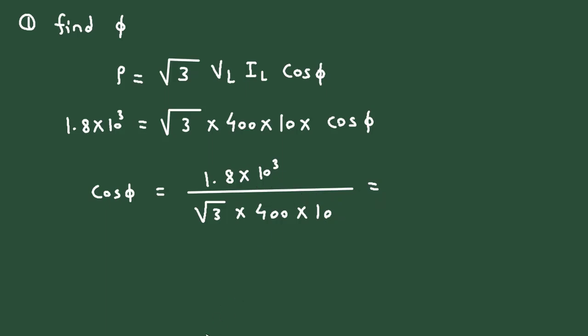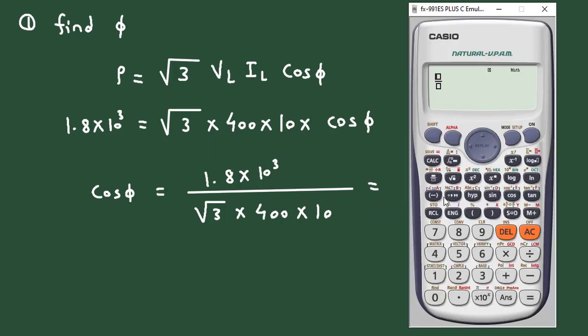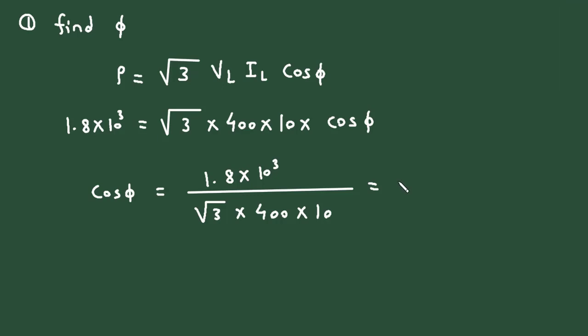If we solve this in a calculator, we get 0.2598. This is the value of cos phi, or we can say power factor. Now from this cos phi we can find the value of phi.